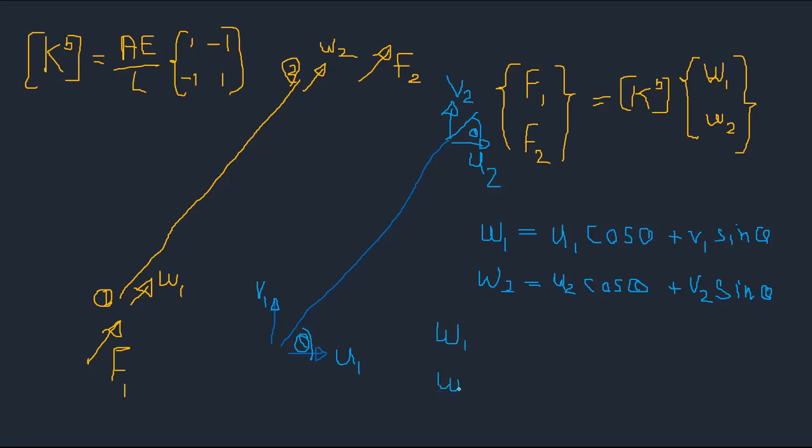W1, W2 is equal to, so this is going to be cos theta, sin theta, 0, 0, 0, 0, cos theta and sin theta.